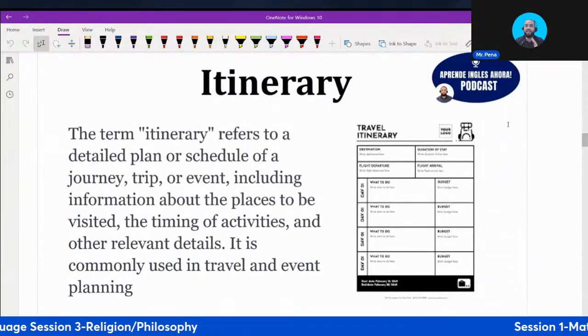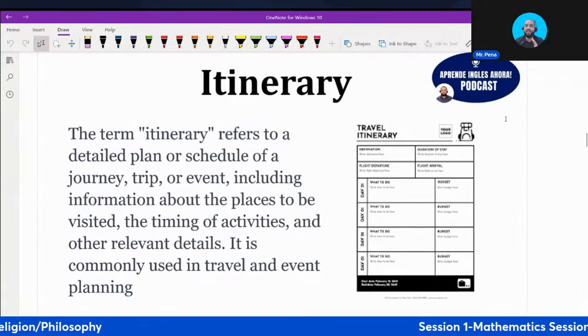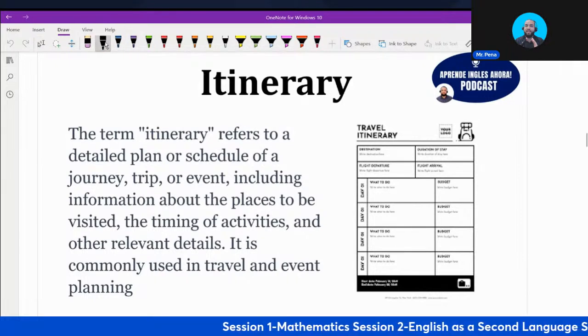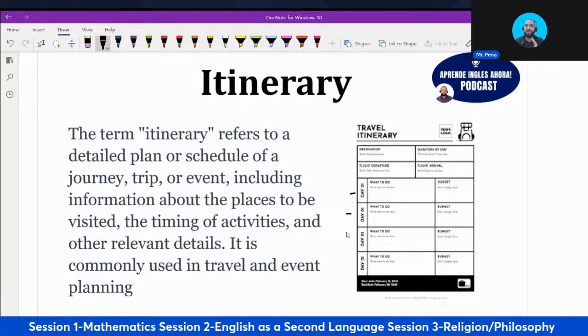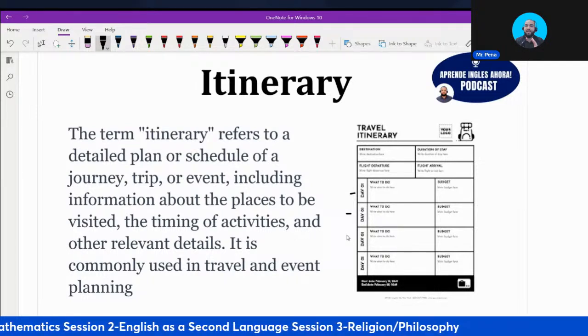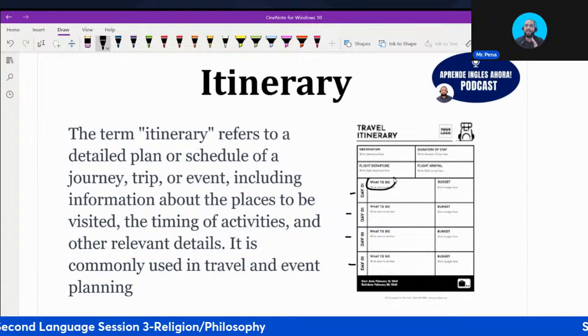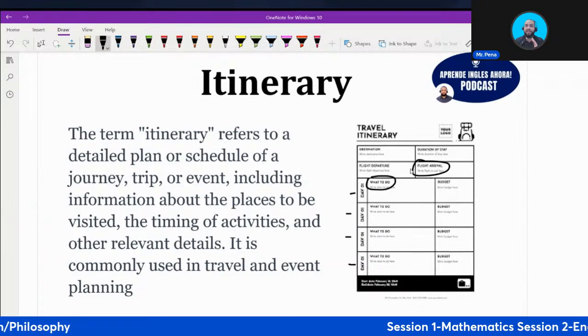Now we have itinerary. On the right, we have an example of an itinerary. Day one, day two, day three, day four. Here we have what to do. We have the arrival of the flight.